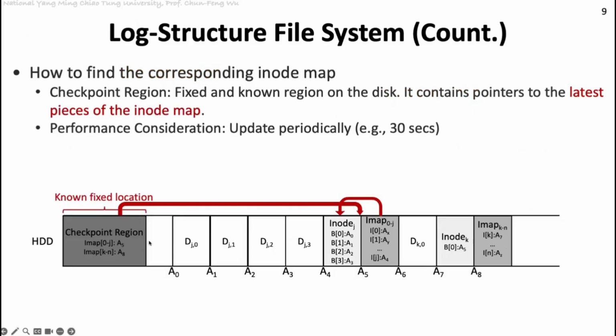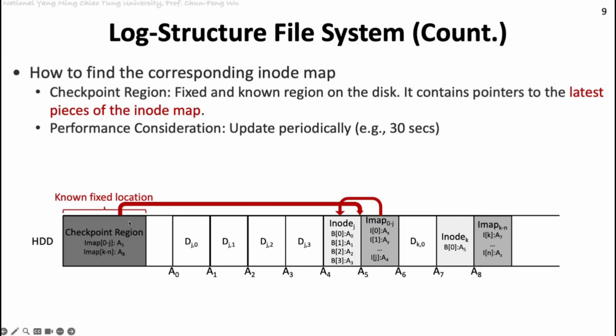For inode map 0 to J, it points to imap 0 to J, and it starts from A5. With this, we can make the checkpoint region super small, because the checkpoint region is the data that summarizes the inode map, and the inode map is a summary of the inodes. So this is how the log structured file system gets the data.